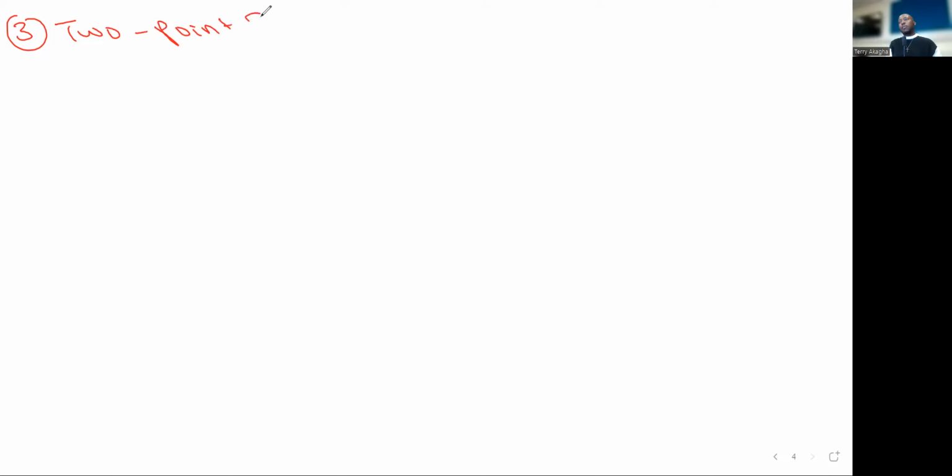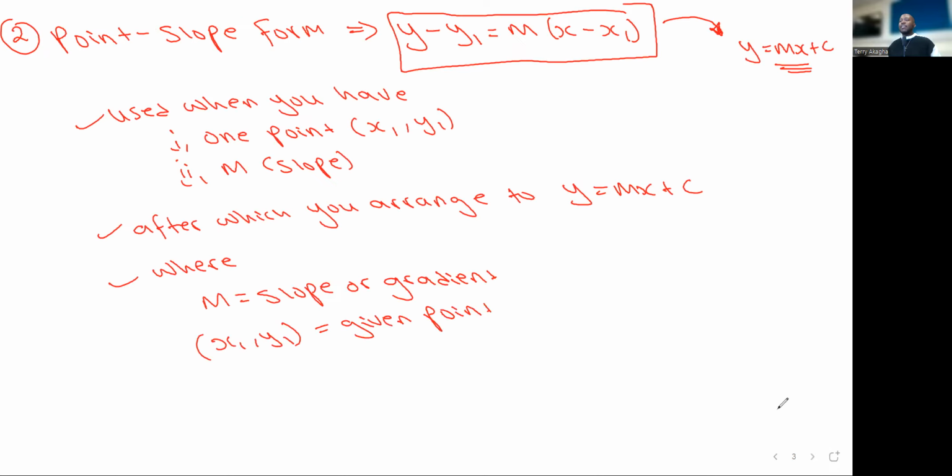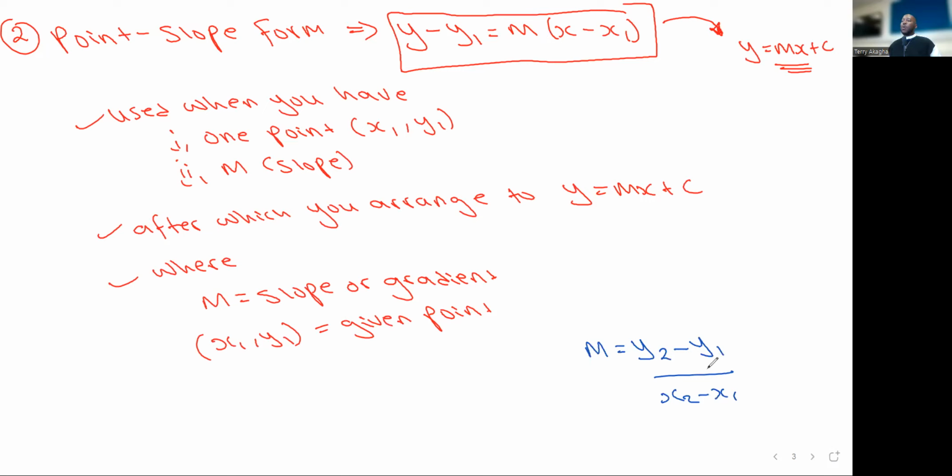This is technically the same thing as the point slope form, but instead of having m, remember in the previous video, I told you that the slope is equal to y2 minus y1 divided by x2 minus x1. So instead of the m here, we're going to substitute it with y2 minus y1 divided by what?